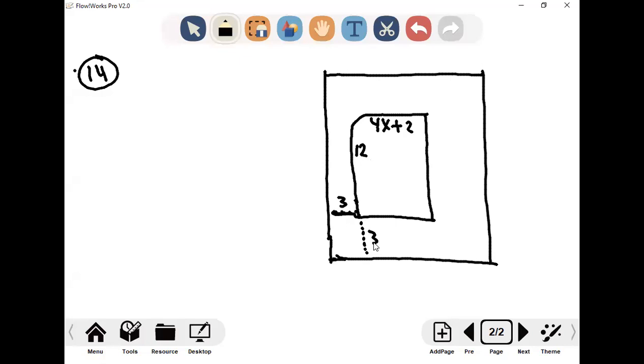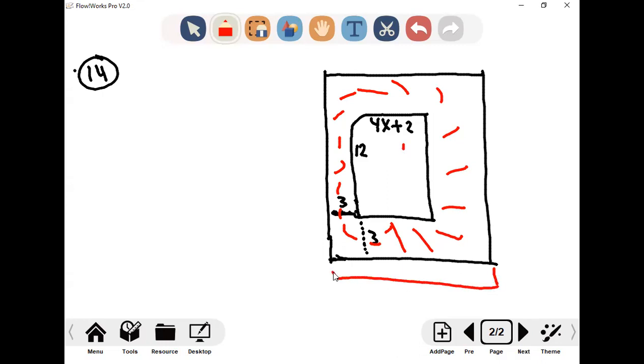Now to find the area of the walkway, I will find the whole area minus the inside area. I will cut the pool from the whole area. What is still left? The sidewalk, right? So how do we find the whole area? I need the whole length and the whole width.